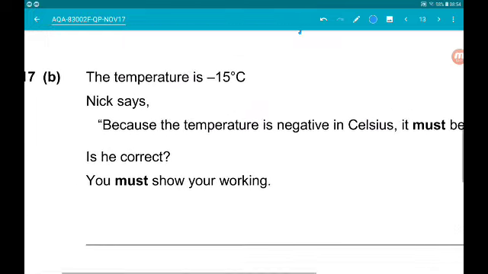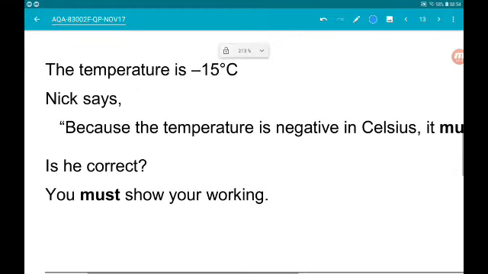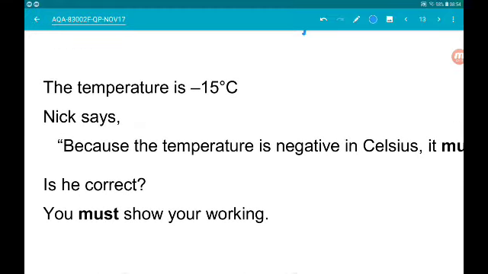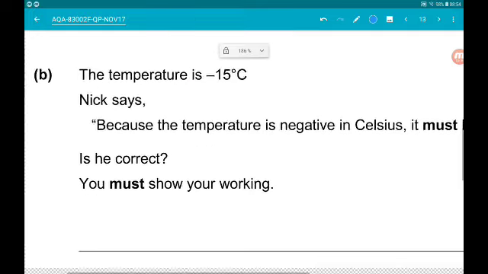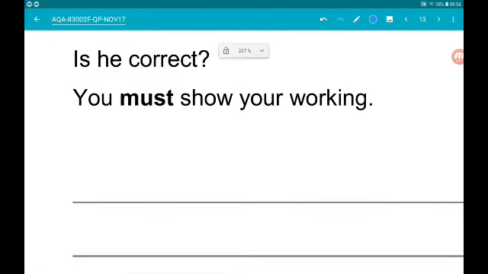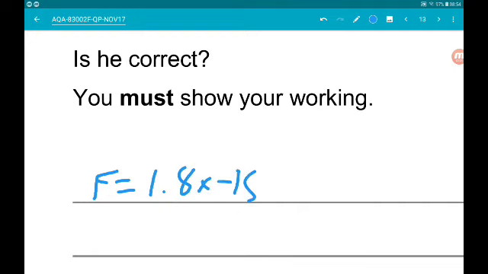Okay, well, let's try with minus 15. So F is 1.8 times minus 15 add 32.